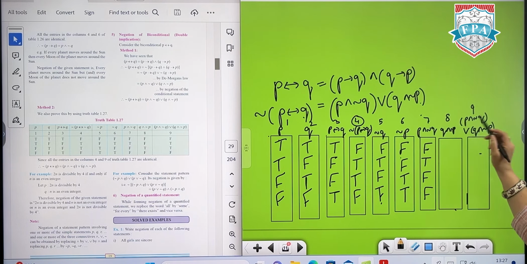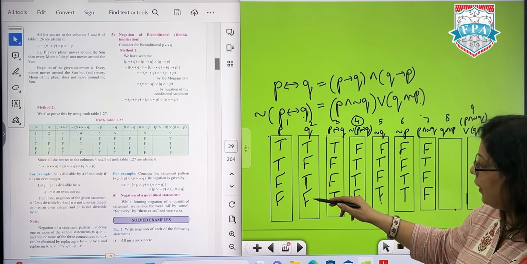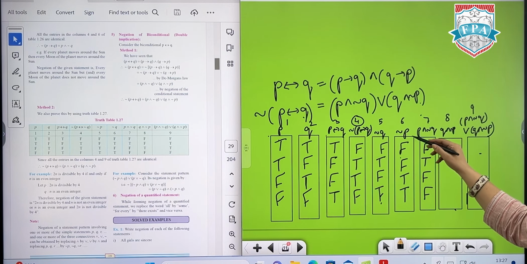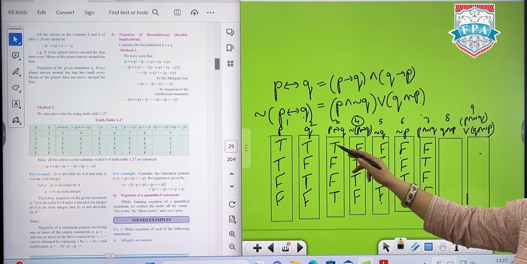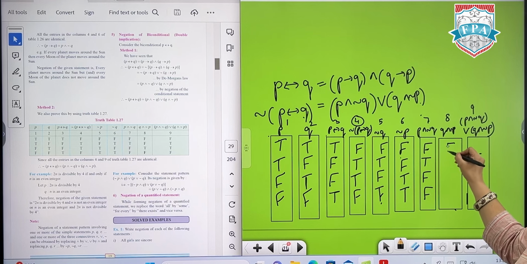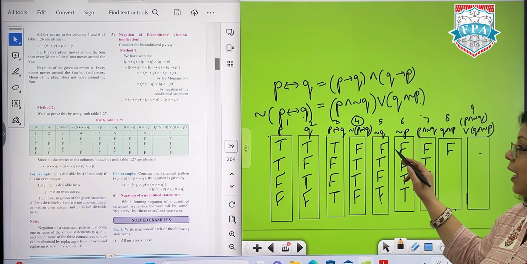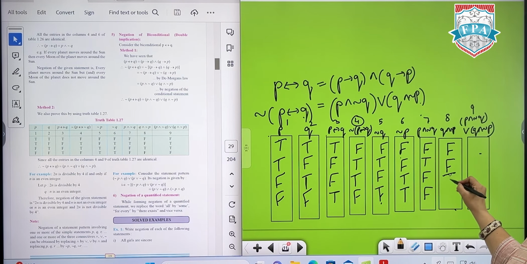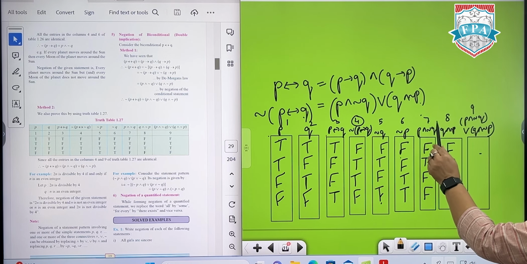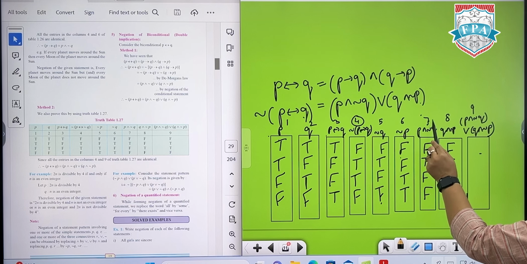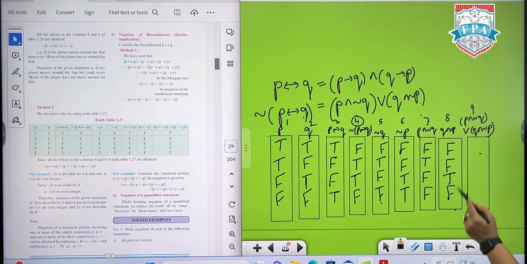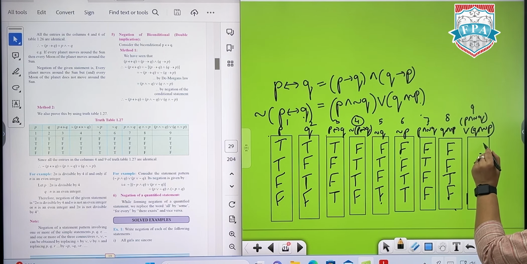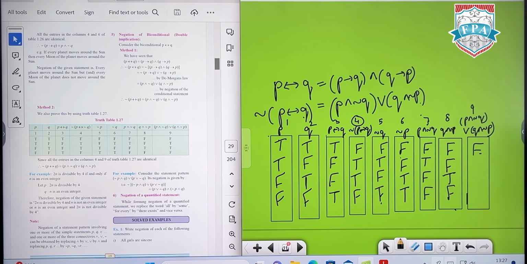Similarly Q and negation of P. तो Q आपका column है T, F, T, F. Negation of P का column है F, F, T, T. So true and false, false, false and false, false, true and true, true and false and true, false. अब जो आपका लास्ट फाइनल स्टेटमेंट है, दिस इज यूजिंग कनेक्टिव और बिटवीन 7 and 8. तो false or false will be false.